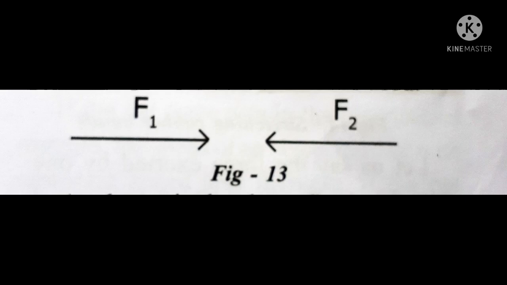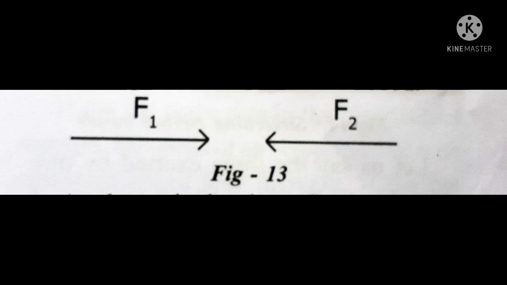While adding forces, the direction of forces has to be taken into account. When forces act on a body along a straight line in the same direction, the net force is taken as the sum of all forces acting on the body. To add forces, sign convention must be used.